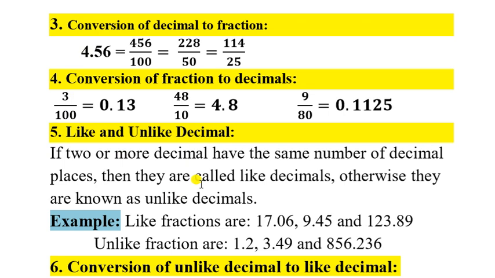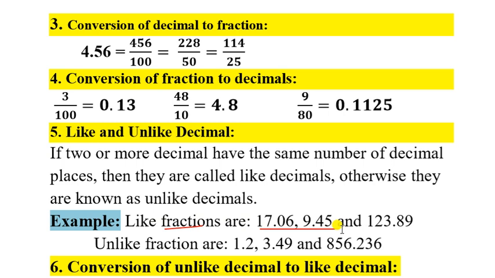Remember this. Now I'm going to explain like and unlike decimal numbers. Before explaining this, I would like to share which kind of decimals are called like decimals, and which kind of decimal numbers are called unlike decimal numbers. A decimal number is also one kind of fractional number.